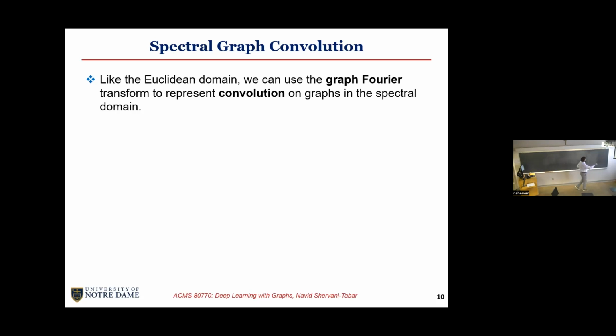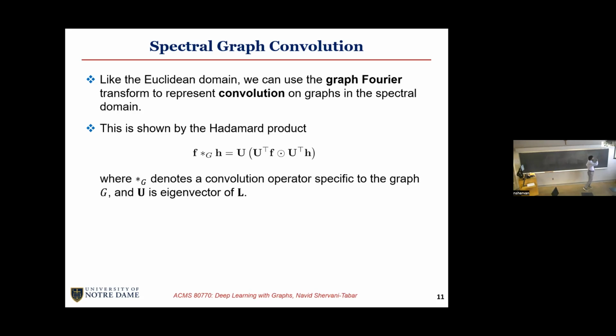Like in the case of data on Euclidean space, with the classic Fourier transform, we can also represent convolution as the element-wise product, or Hadamard product, of the spectral representations of two signals, right? So we have, let's say, a signal f, and we have some filter h.